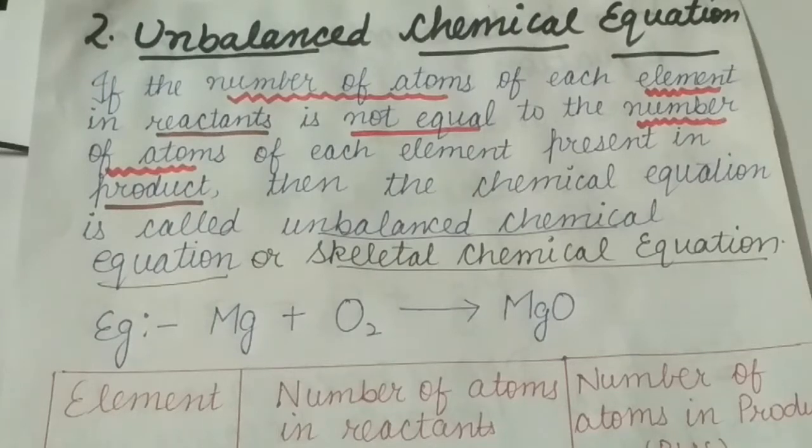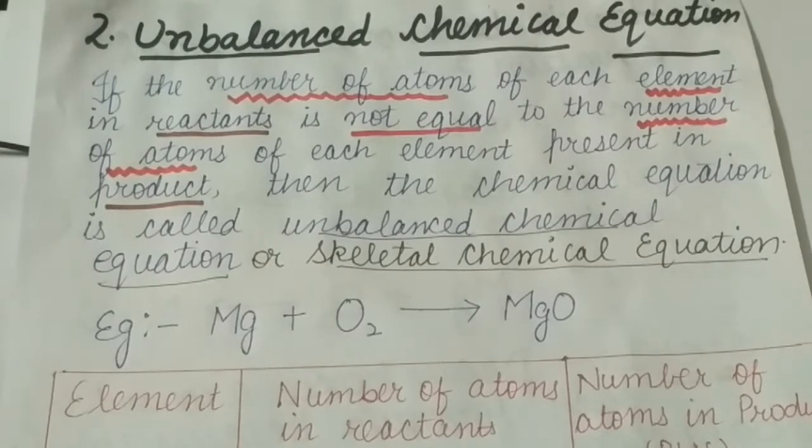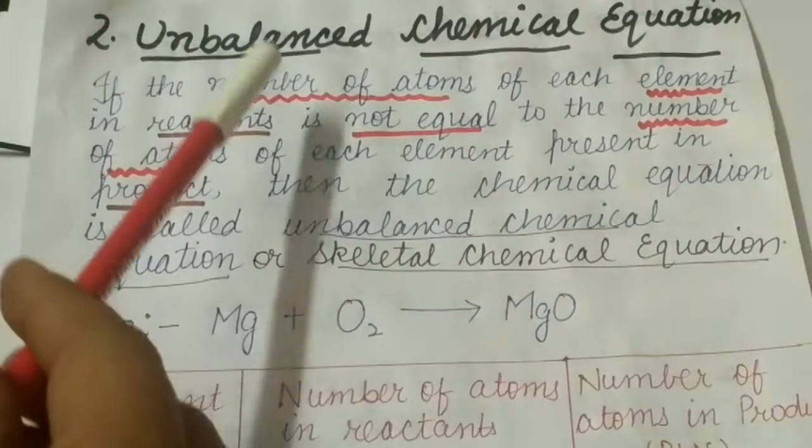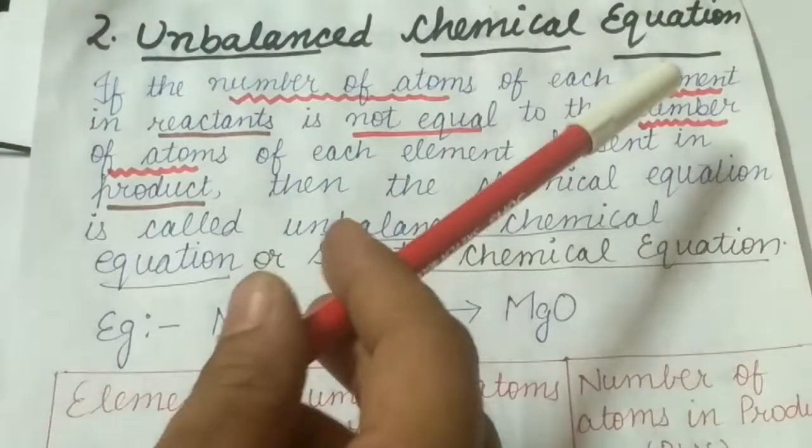Good morning, students. In our last lecture, we discussed chemical equations and the types of chemical equations. Now we are going to discuss the second type, the unbalanced chemical equation.